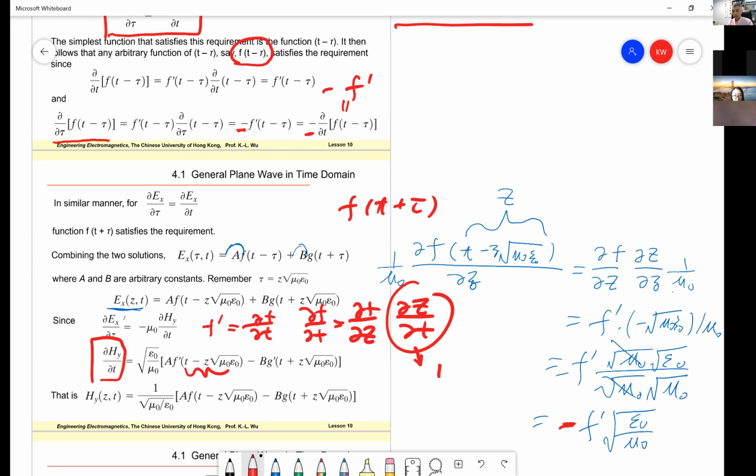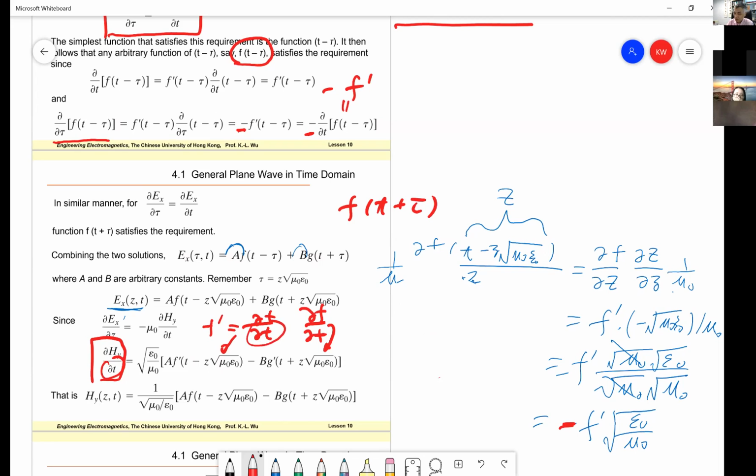If you take the derivative with respect to t, it equals 1. So that means this is the derivative with t, this is the derivative with t, both with t.